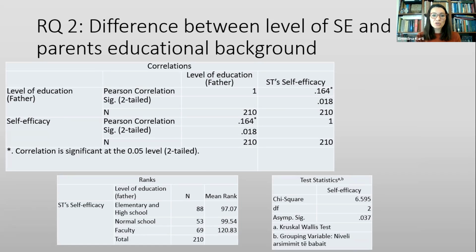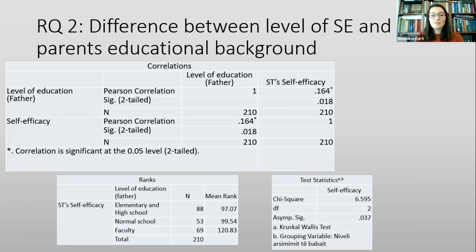Now research question 2 is: what is the difference between the level of self-efficacy of student teachers and parents' educational background? We did the Kruskal-Wallis test because we have 2 groups, and as we see, it's 0.164. So it's a very low correlation, but it's statistically significant.